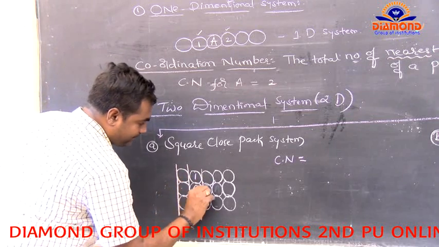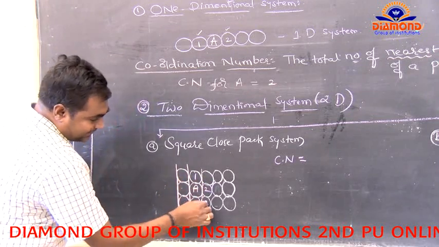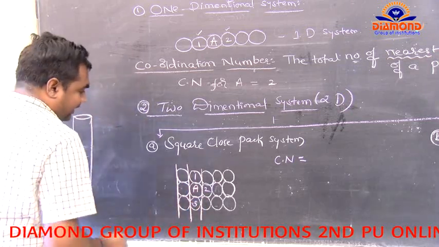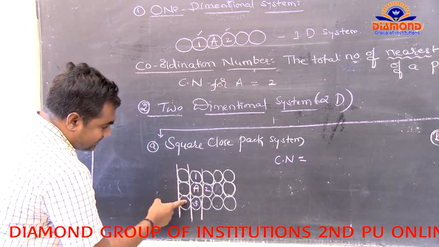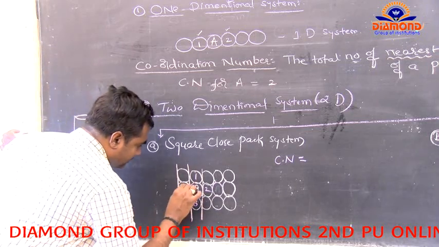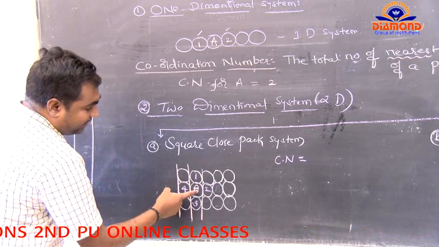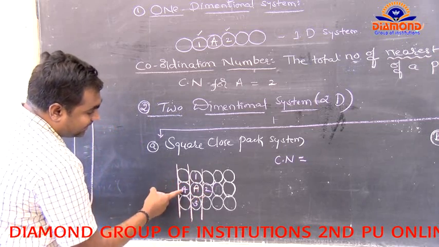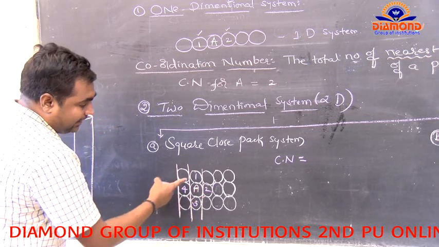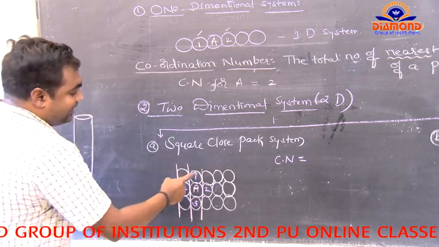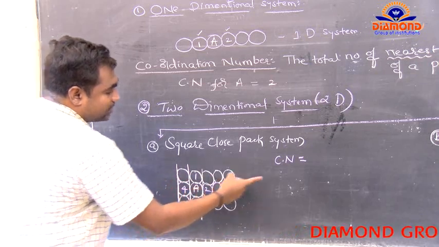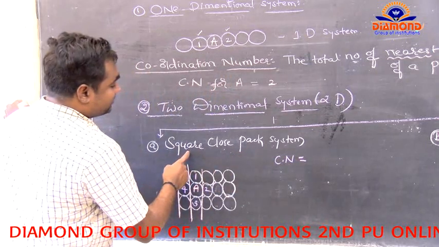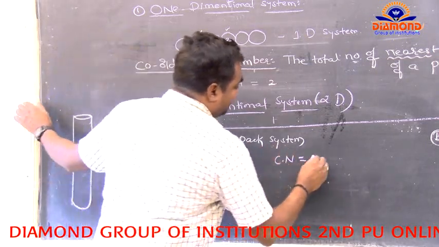It touches. Again, it does not touch. This touches. Next, the third one does not touch. It touches. So for this particular atom A, 1, 2, 3, 4 atoms are in contact. So this number four is the coordination number. The coordination number for the sphere close packed system is four.